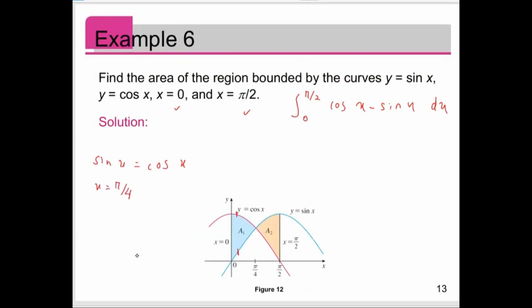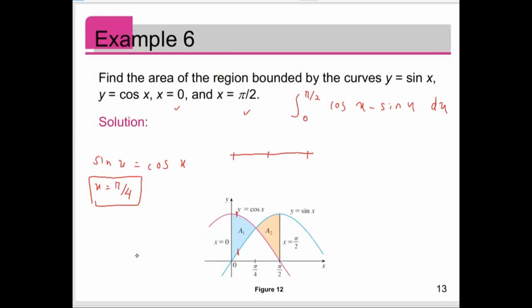Without looking at this figure, you can still get this value by equating sine x and cos x here. And like I said just now, it's tedious, but it removes the probability of making mistakes here.